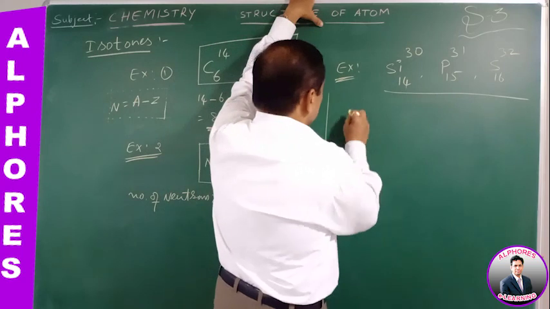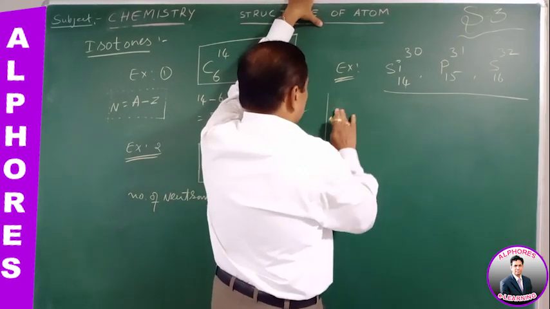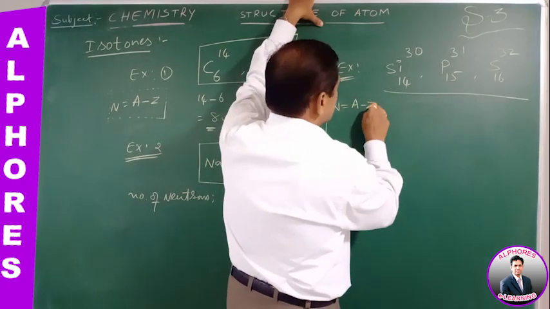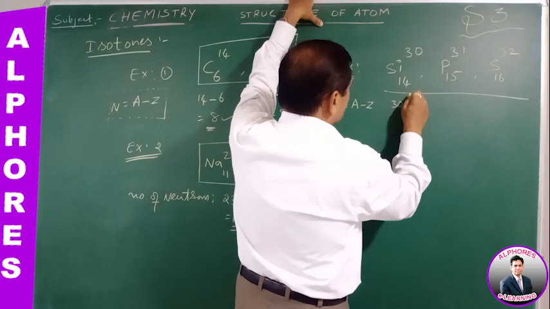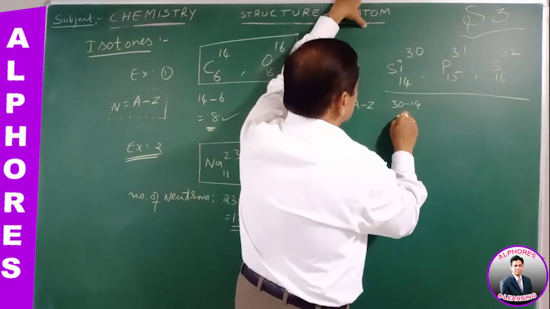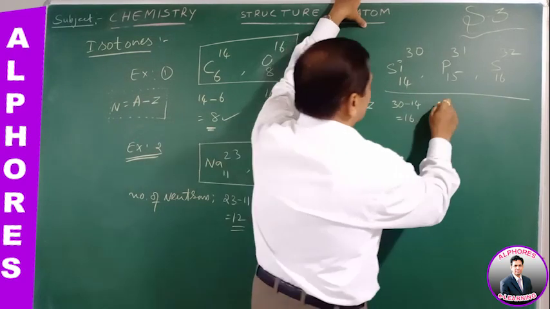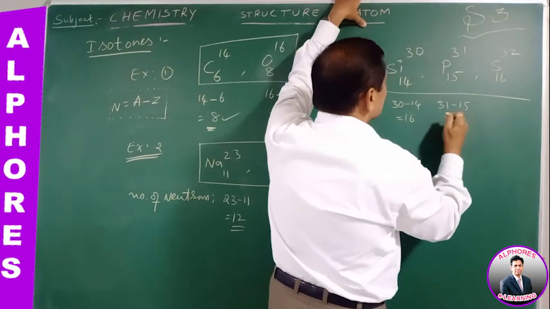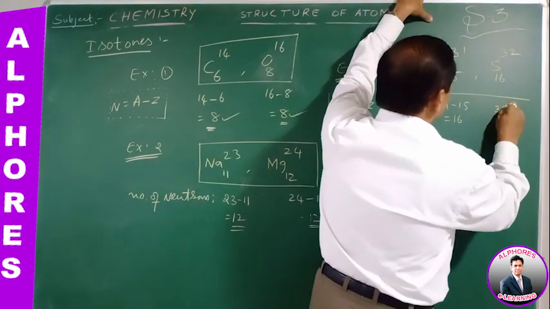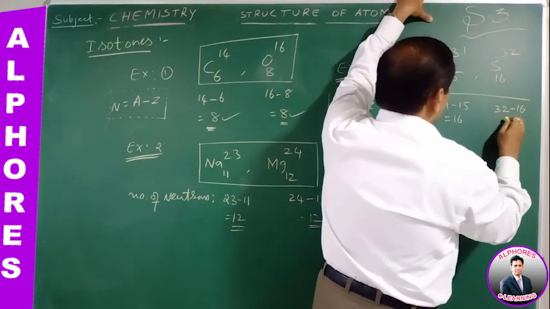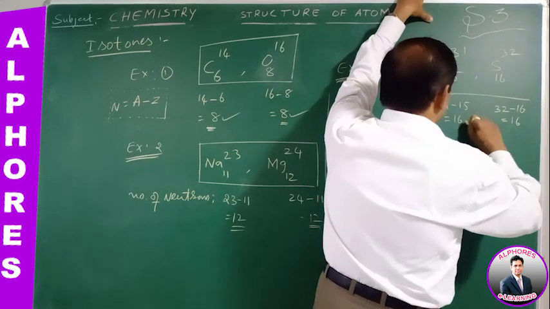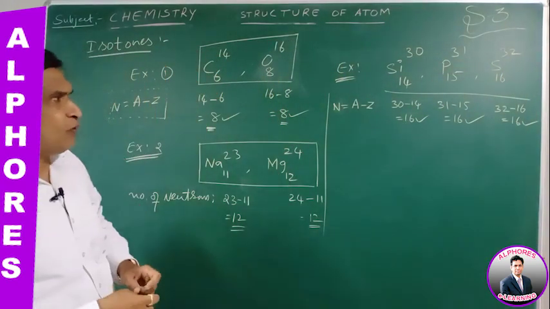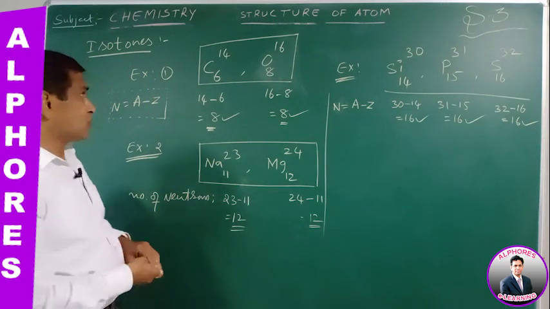Let us see, A minus Z: 30 minus 14 gives 16 neutrons. 31 minus 15 gives 16 neutrons. And 32 minus 16 also gives 16 neutrons. All three species contain the same number of neutrons, therefore they are considered as isotones.